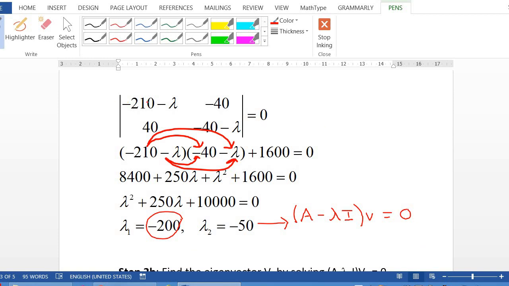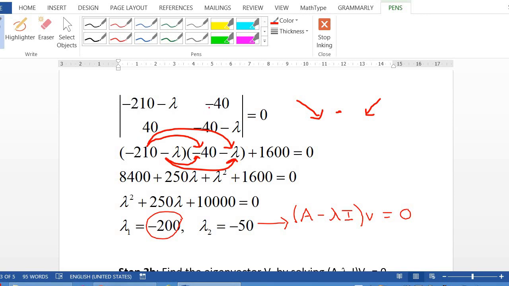Remember how you solve the determinant? Put in the determinant form. Your matrix A minus lambda I will have lambda subtracted at the main diagonal. So here minus lambda. To solve the determinant, remember the product of the main diagonal: negative 210 minus lambda multiplied by negative 40 minus lambda, minus the product of the other diagonal.